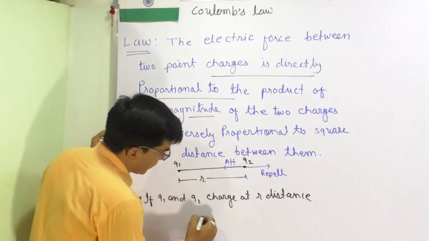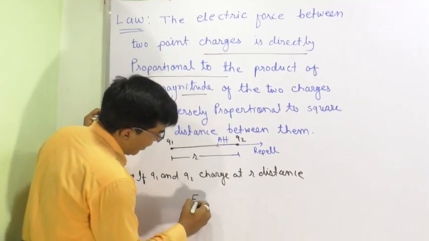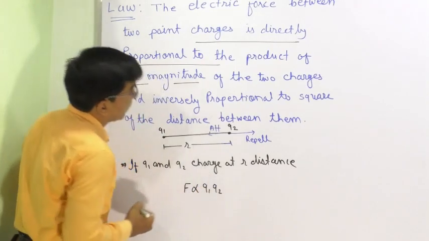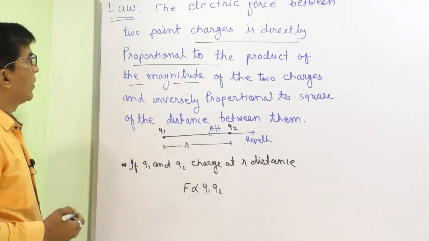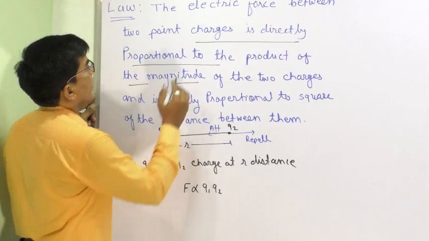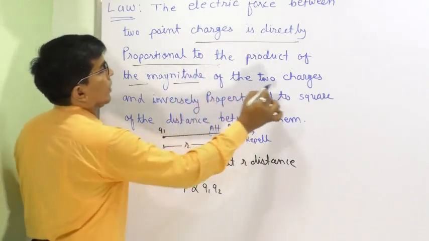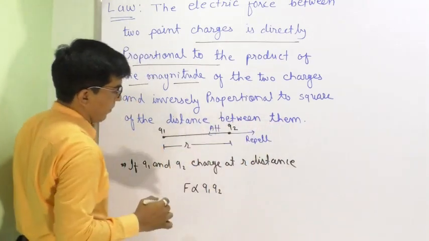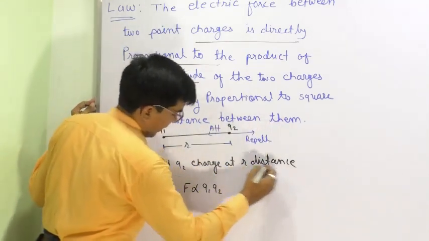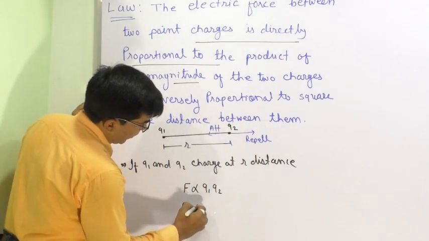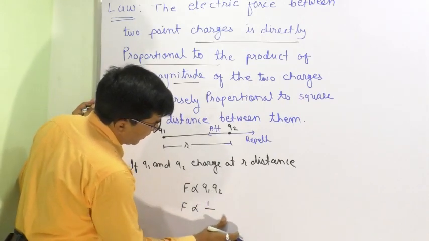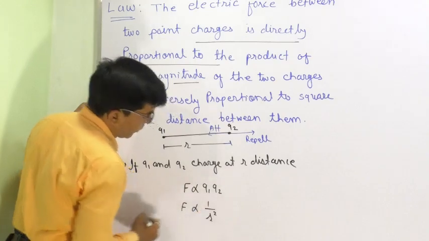It means F is proportional to Q1 Q2. And force is inversely proportional to the square of the distance between them. What is the distance? R. Then F is proportional to 1 upon R square, because this is inversely proportional.